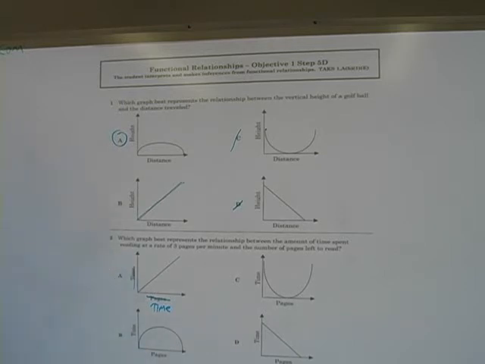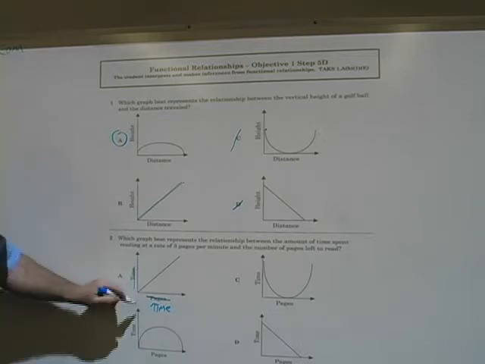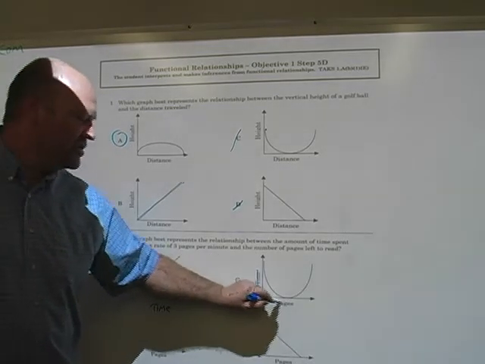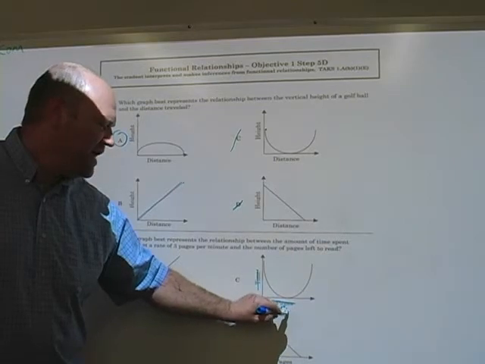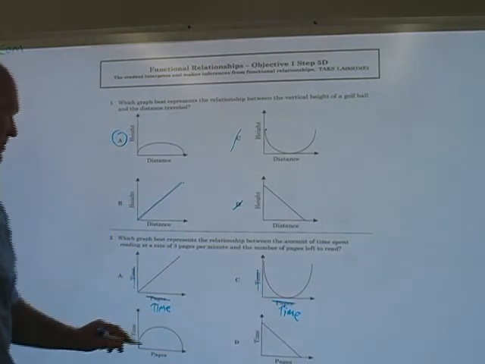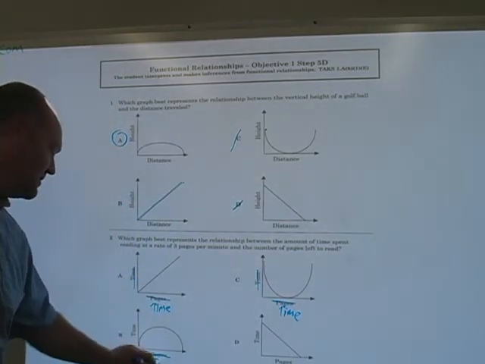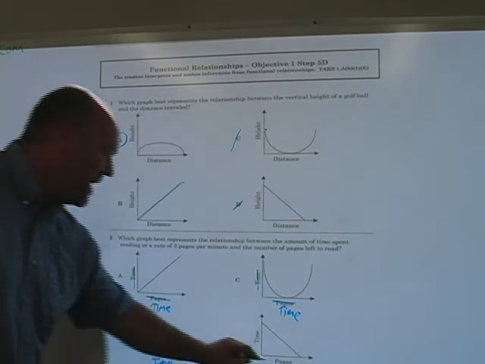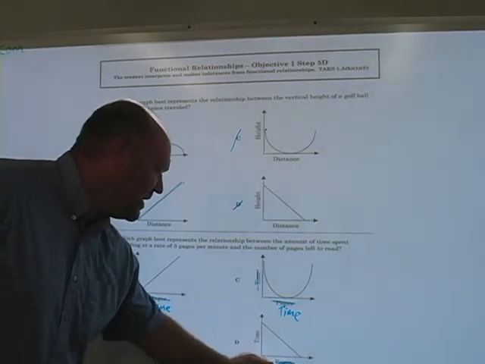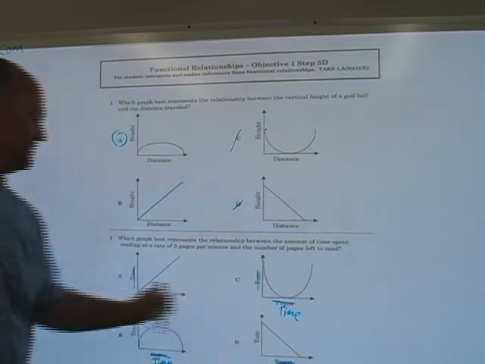Because remember, your x-axis is your independent variable. And time is always, what is it, independent or dependent? Independent, because time goes on no matter what. So a lot of times you'll see functions that have time on the x-axis, and you ask yourself, what's happening as time goes by?